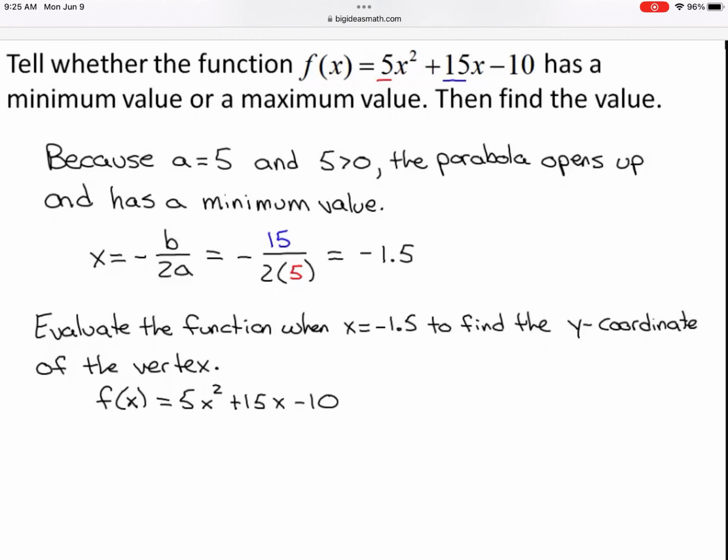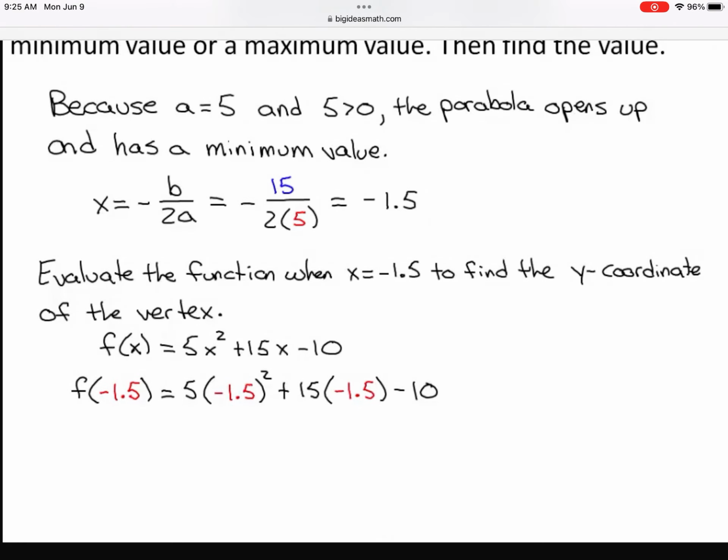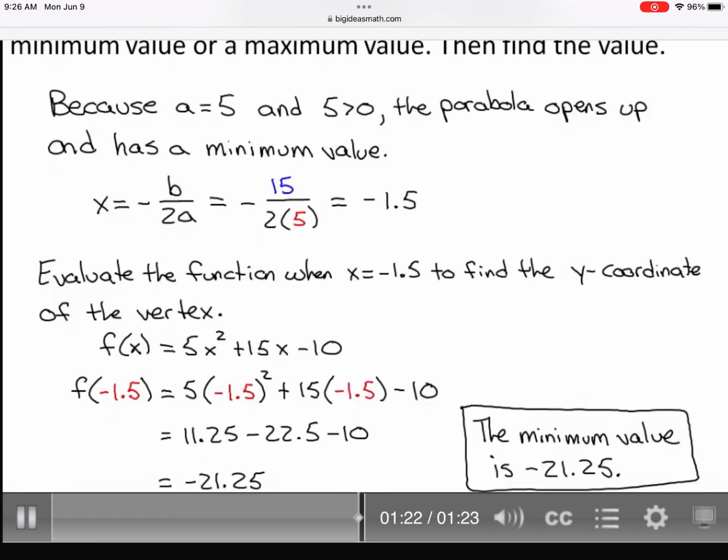Substituting negative 1 5/10 for x gives f of negative 1 5/10 equals 5 times the quantity negative 1 5/10 squared plus 15 times negative 1 5/10 minus 10, which simplifies to 11 25 minus 22 5/10 minus 10, or negative 21 25. Because the y-coordinate of the vertex is the minimum value of the function, the minimum value is negative 21 25.